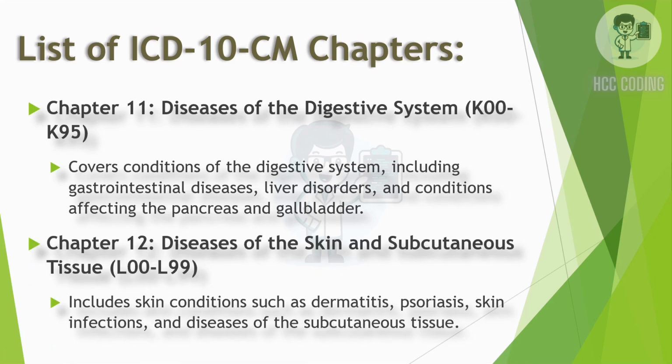Coming to chapter 12, this is of skin and subcutaneous tissue, which covers codes from the L00 category to L99. Completely, this chapter 12 includes skin related disorders or conditions like dermatitis, psoriasis, or any infections in your skin. All those disorders will be included under chapter 12.